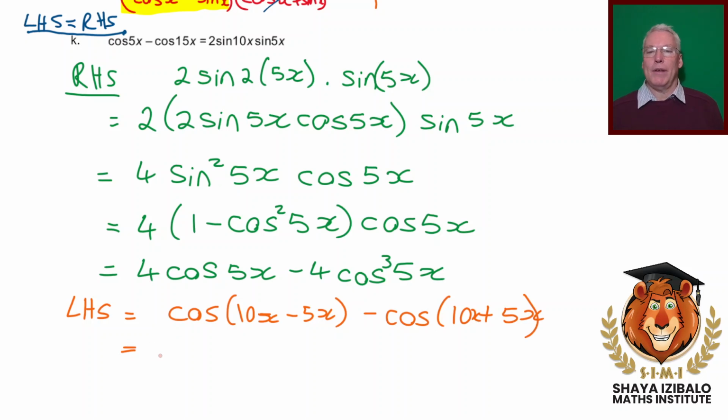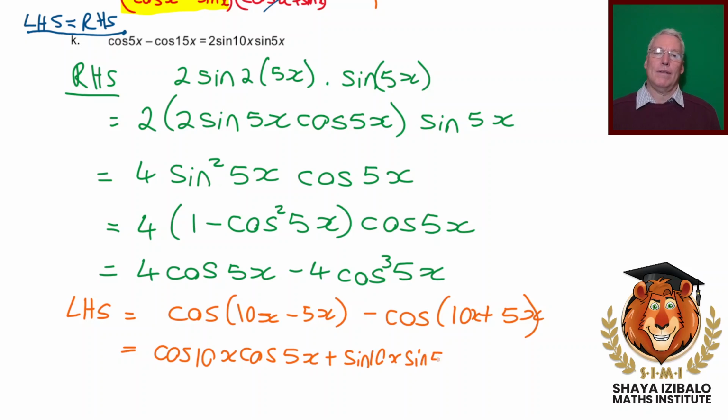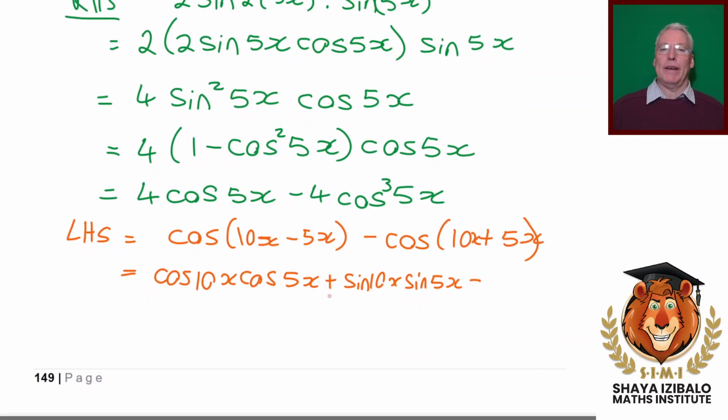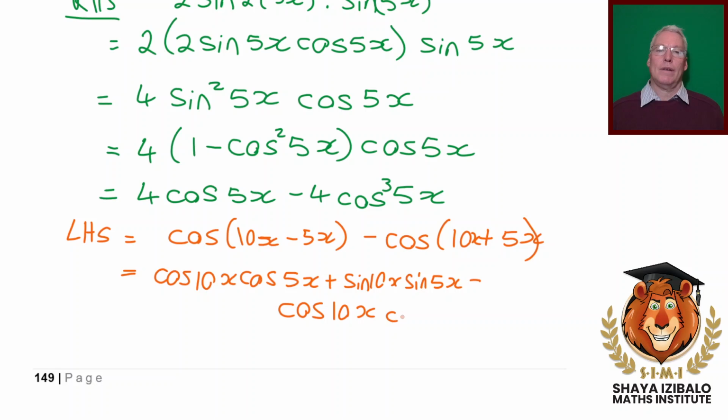And so this becomes cos 10x cos 5x plus sin 10x sin 5x, and this one becomes minus, and now we're going to get a minus inside here, so we're going to get minus cos 10x cos 5x, and then this is going to be minus, so it'll become a plus sin 10x sin 5x.